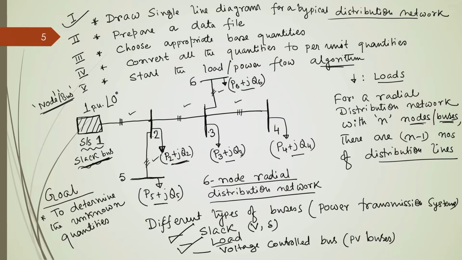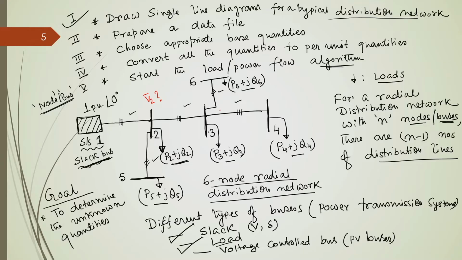Considering that, we need to find out what would be the voltage of all these different nodal points or nodes. So, our goal is to find out this V2 phasor, that means the magnitude of V2 as well as its angle. So, this is one unknown quantity. Then similarly, for nodal point 3, V3 is our unknown quantity. Similarly, at bus 4, V4 is our unknown quantity. For bus 5, V5 is our unknown quantity, and for bus 6, V6 is our unknown quantity.